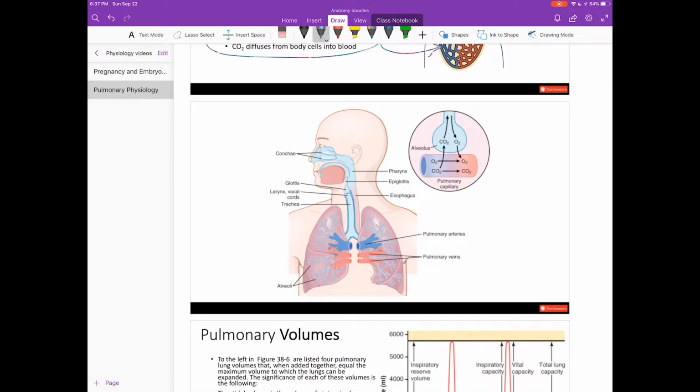That external respiration is emphasized in this figure, in that air goes through the upper airway and into the lower airway via the nasal cavity and via the oral cavity.